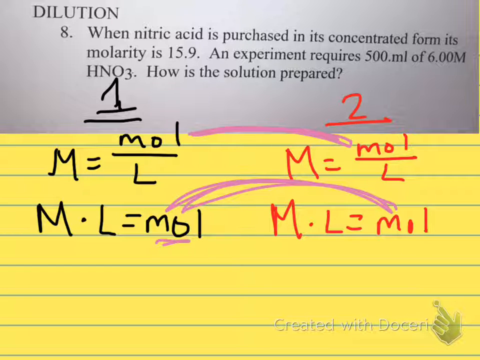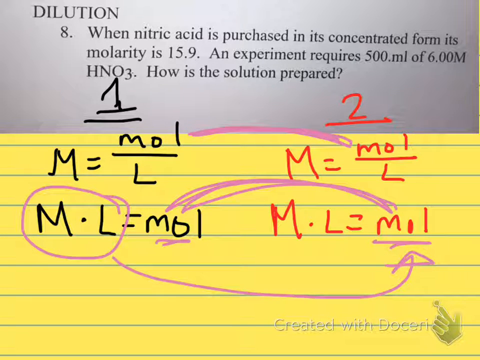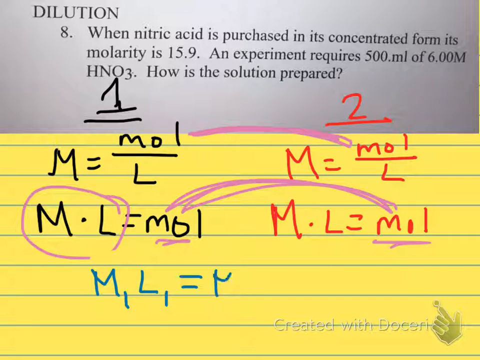Okay, so if those moles are the same thing, then we can just substitute in molarity times liters for our first solution into moles. So what we end up with, and this is called the dilution equation, is the molarity of our first solution times the liters of our first solution equals the molarity of our second solution times the liters of our second solution.